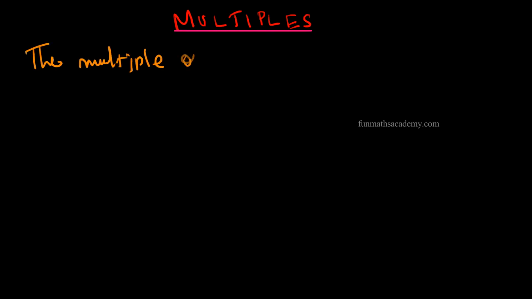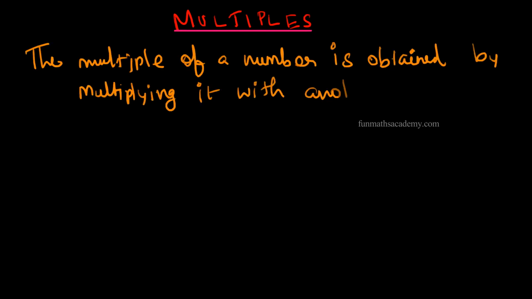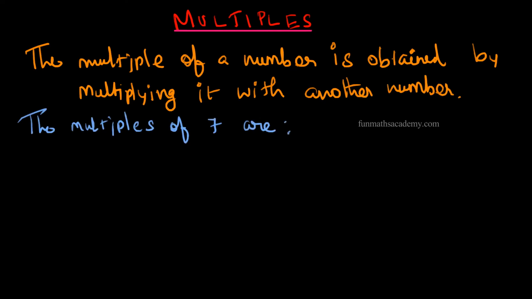When a number is multiplied with any other number, we get multiples of that number. For example, multiples of 7 can be obtained by multiplying 7 by 1, 2, 3, 4 or any other number other than 0. So we get multiples of 7 as 7, 14, 21, 28 and so on.